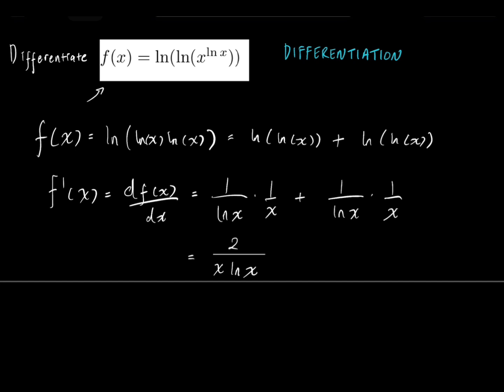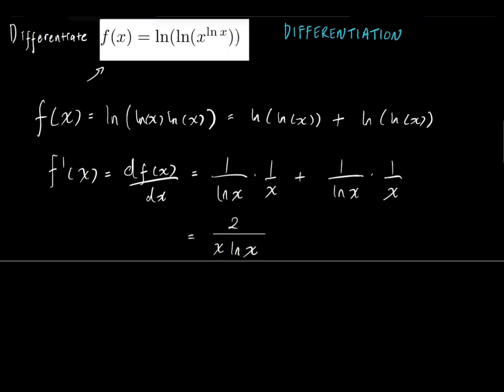And remember, one of the properties of logarithms is that the log of a product a times b can be rewritten as a sum of the logs of both a and b. So log of this plus log of that.